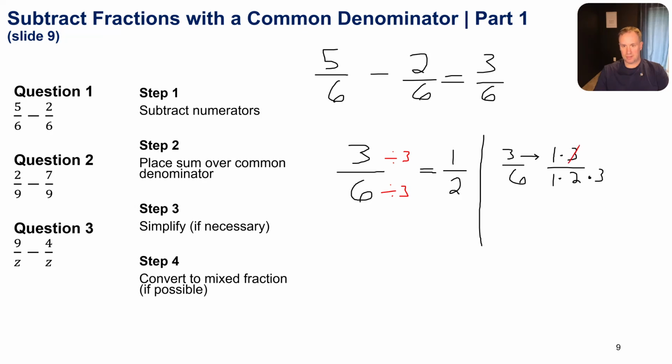So I can eliminate that, and then what I have is 1 just by itself, and then I have 1 times 2, which is 2. So in both cases, 1/2. So this is now simplified. This is also a proper fraction, which means I cannot convert to a mixed fraction. So that is my result there.